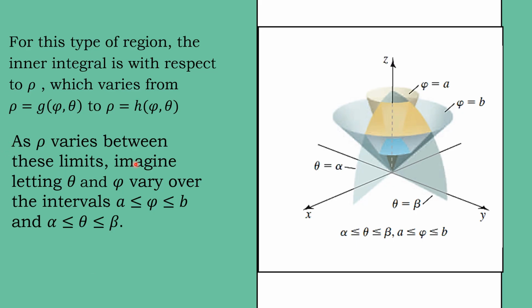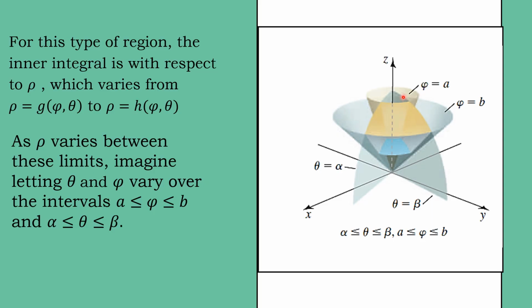Moreover, as rho varies between these limits, imagine letting phi and theta vary over their intervals: phi between a and b, and theta bounded by alpha and beta.